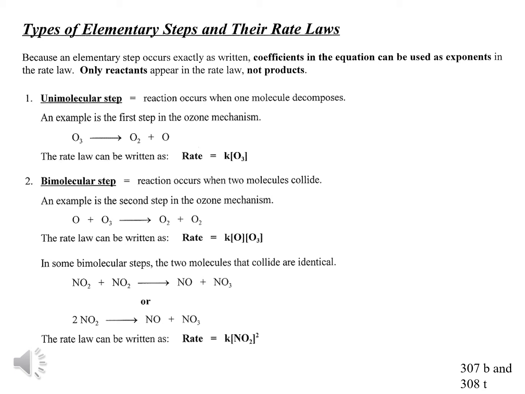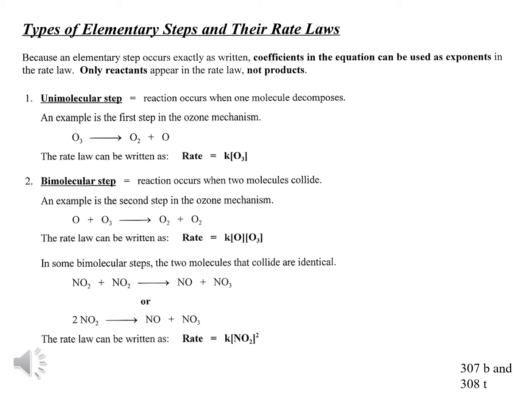We're going to see a reaction mechanism later that has a bimolecular step where the same thing reacts with itself. NO2 reacts with itself. And because NO2 plus NO2 can be written as 2NO2, the rate law would be rate equals K times NO2 times NO2, which is the same as NO2 squared.